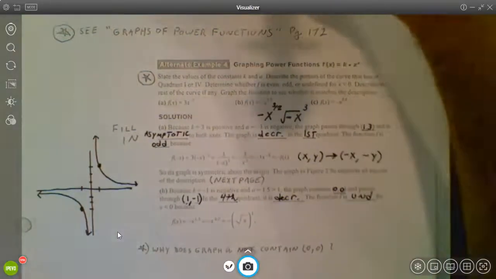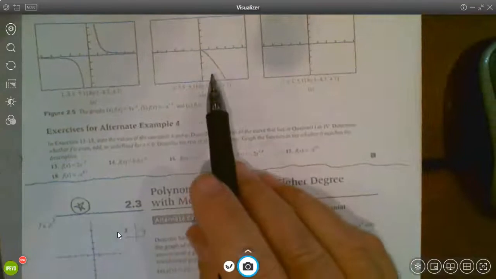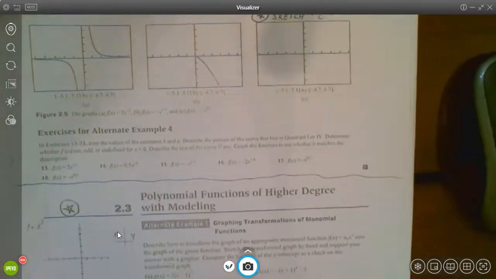And so again, we could come up with our own sketch just based on that information. So let me just show you this. Sorry, this is getting twisted up. So here's what that would look like, just based on that information.